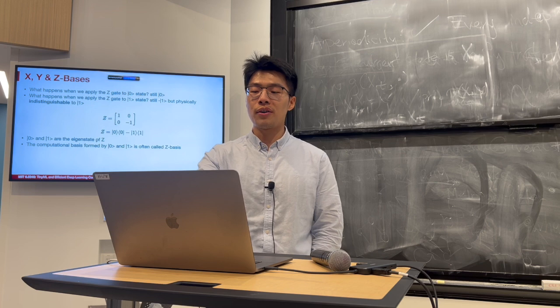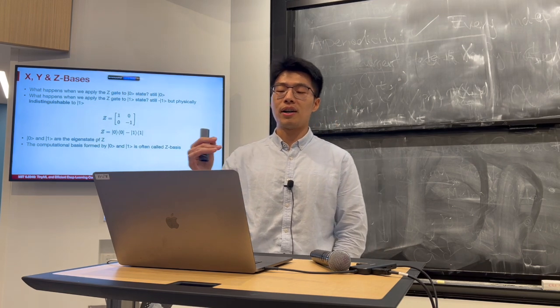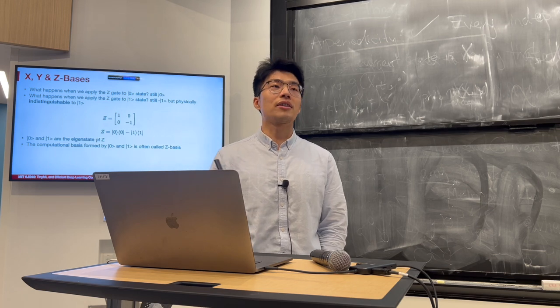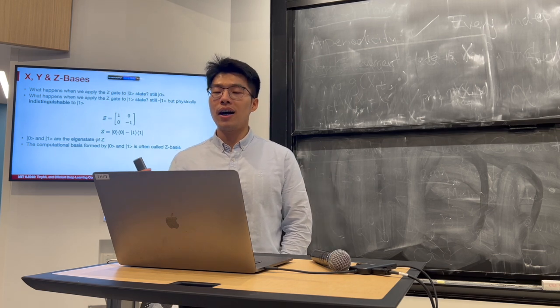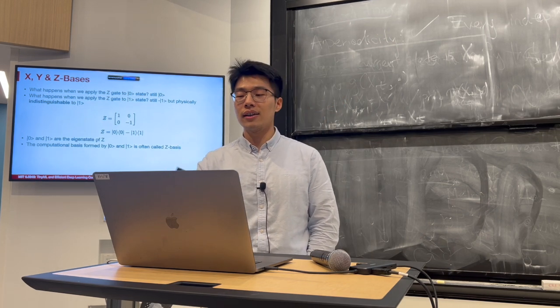For example, if we apply the Z gate to the 0 state, after computation we still obtain the 0 state. If we apply this Z gate to the 1 state, what will happen? Finally, we get minus 1.